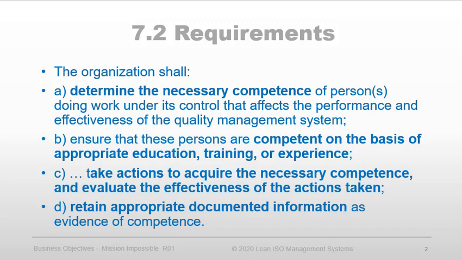Determine the necessary competence. Persons are competent on the basis of appropriate education, training, and experience. Take actions to acquire the necessary competence. Evaluate the effectiveness of the actions. And retain appropriate documented information as evidence of competence.